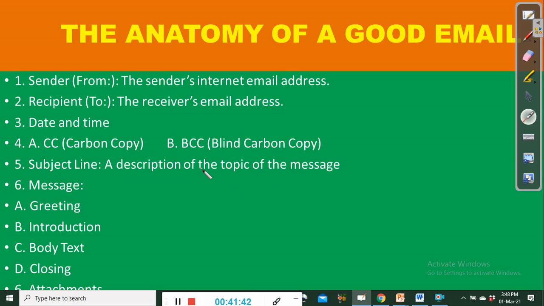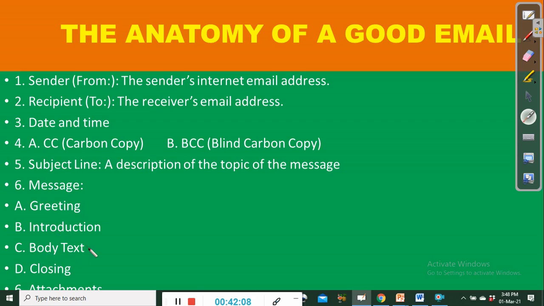Now, number 5 is the subject line, which is a description of the topic of the message. We shall talk more about this in our next item. Then number 6 is the message, and the message is sub-classified into various parts. You have the greeting, which is the salutation. Then you have the introduction, which is supposed to be the first paragraph, when we are talking of the letter now.